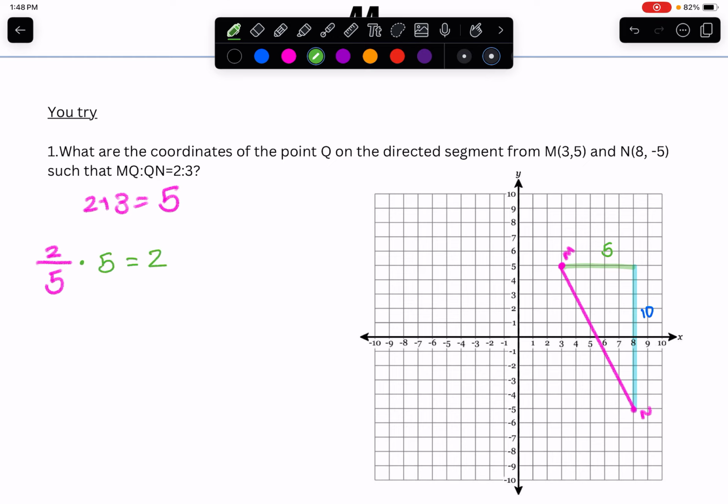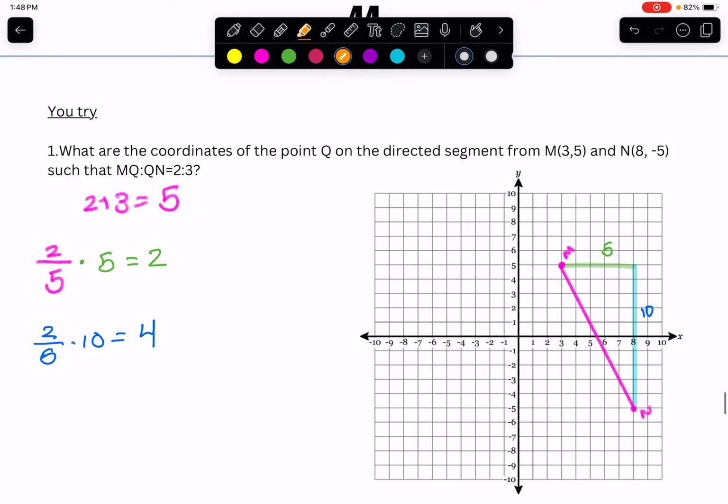So my new run will be 2, and my new rise will be 4. Technically negative 4 because we're going down, but just to keep it simple. So if I was going to mark that, I'm going to go over 2 and down 4. For my new point Q, where Q is 5, 1.